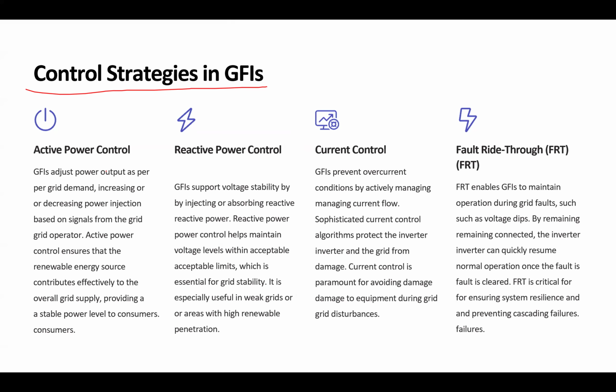First, active power control. Second, reactive power control. Then specifically current control, and another addition that you probably haven't heard about before, but which is important for inverters: fault ride-through control.